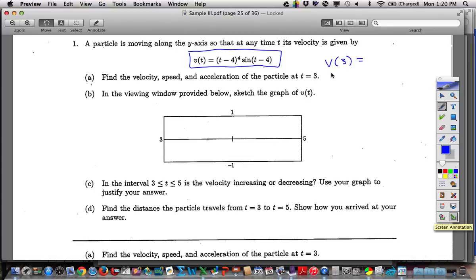And then what's the speed? It's the positive value of that, right? So it'd be 0.841 positive. And then the acceleration, that's v prime. So you do the derivative and plug in a 3.